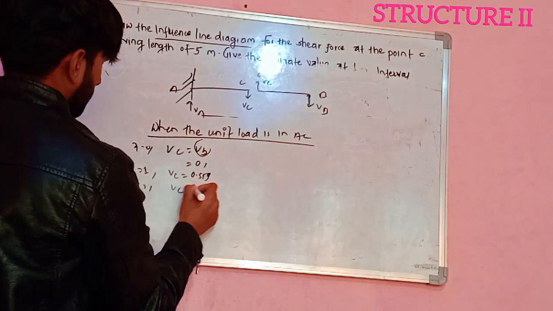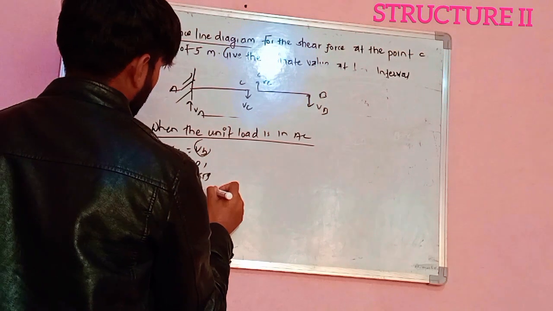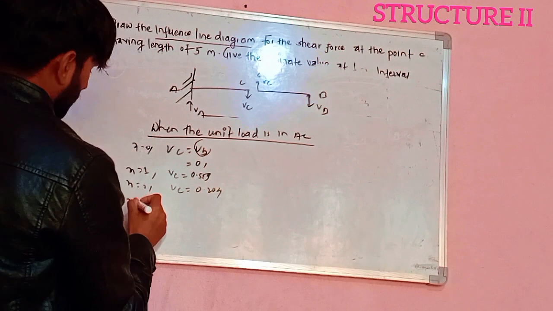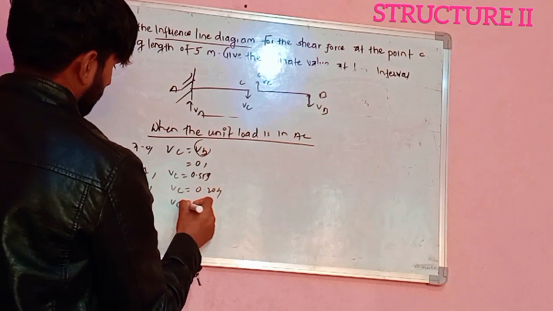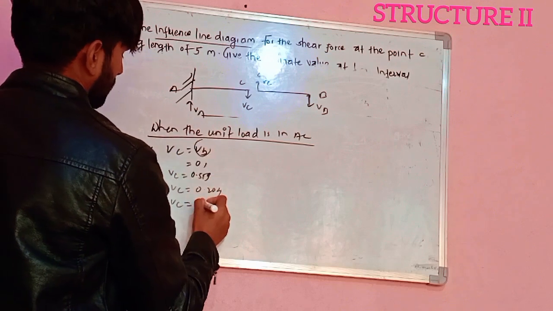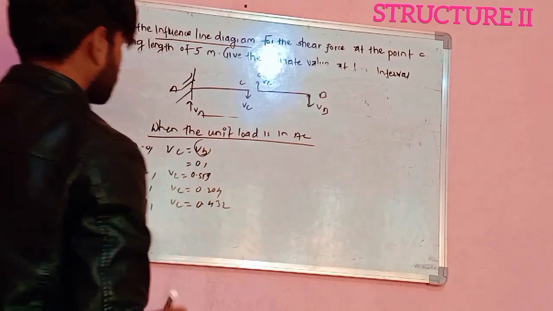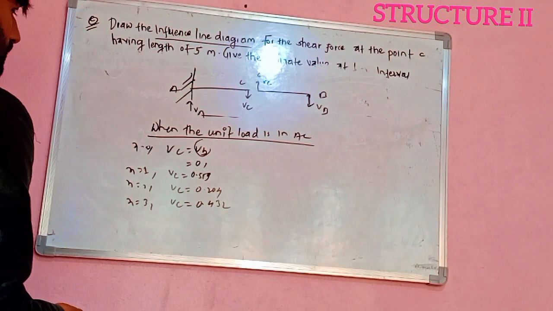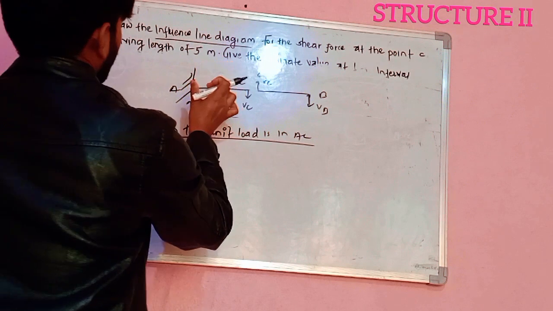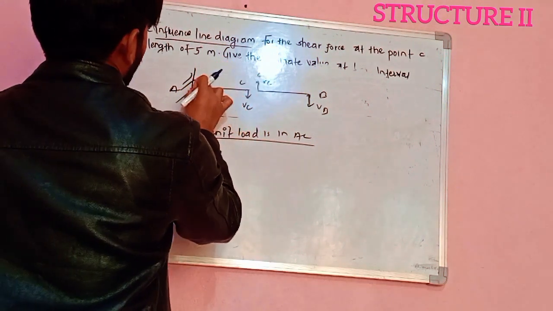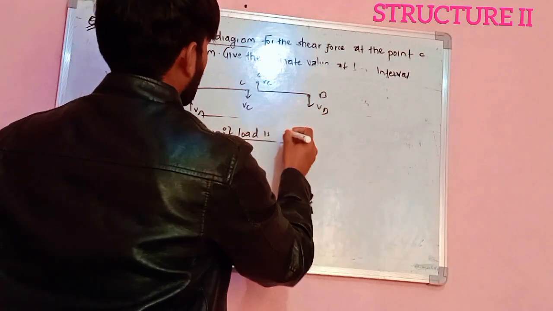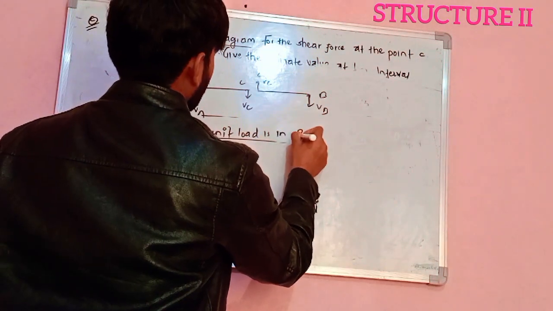When X is equal to 2, BC becomes 0.204, I guess I might be wrong. When X is equal to 3, what is the value of BB at X equal to 3? That is 0.432, I guess. So this is how we calculate the ordinates of the ILD for the shear force when the load is between A and C.